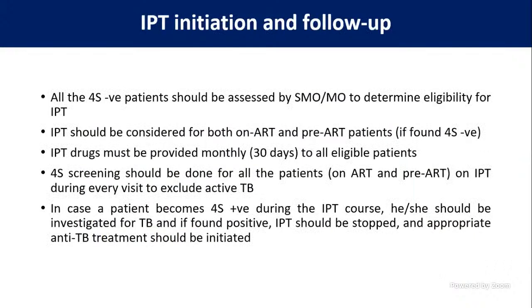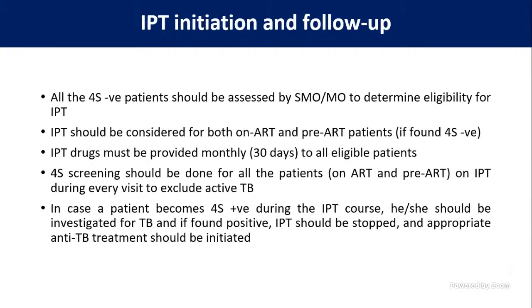So how to follow up? Once you initiate a patient on IPT, that doesn't mean that we should not be doing a 4-symptom screening. Even when a patient is on IPT, during every visit to the ART center, the patient should be actively asked about the 4 symptoms.